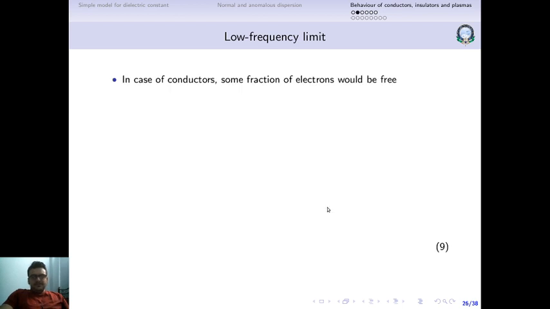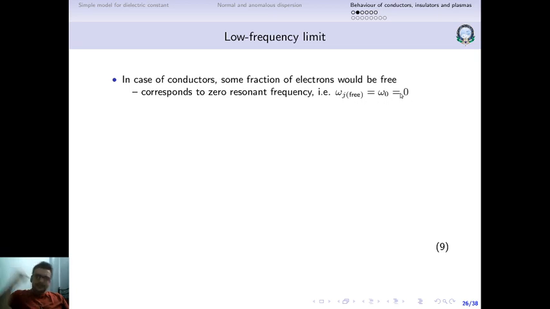Now in the case of conductors, some fraction of the electrons would be free. If electrons are free, that corresponds to zero resonant frequency. Suppose I have a free electron, we can simply say that its resonant frequency will be 0. Why does that happen? I'll give you a quantitative understanding of how this happens.